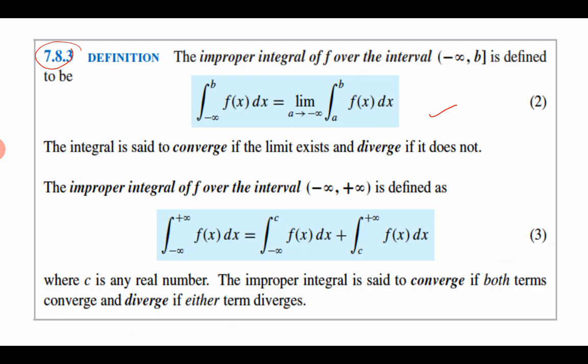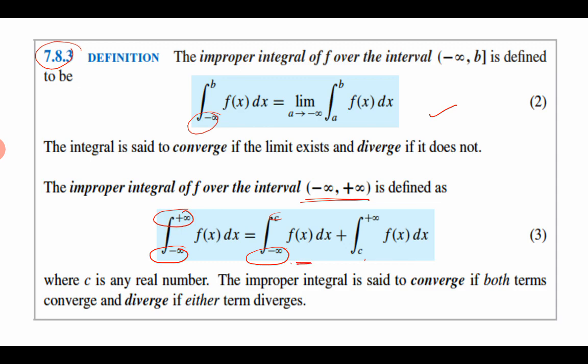Let's move ahead. 7.8.3 has been seen, the improper integral with a lower limit as infinity. Now the improper integral of f over the interval where both limits are infinities, negative and positive infinity. First we will write it from negative infinity to some point c, and from c to positive infinity.